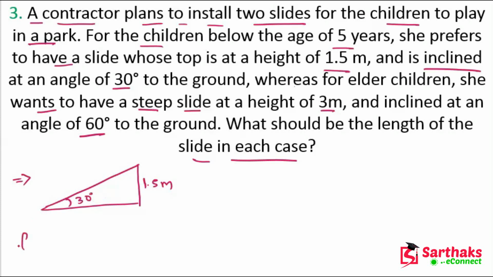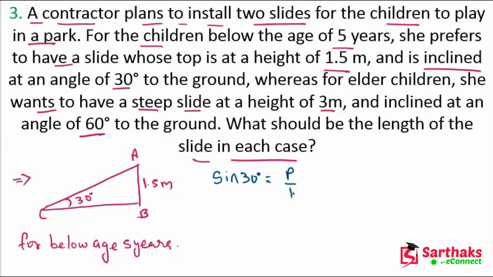So this is for below age 5 years. Okay, A, B, C. Now we have to find AC. We can easily find AC with the help of sine 30 degree. So the formula of sine is perpendicular upon hypotenuse, and we have perpendicular is AB, and hypotenuse is AC.